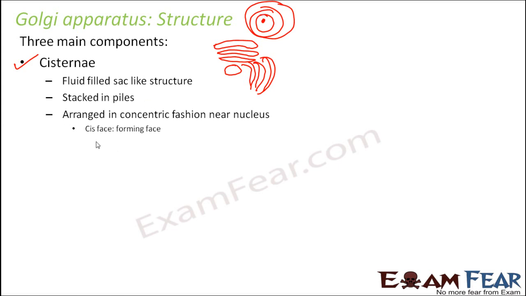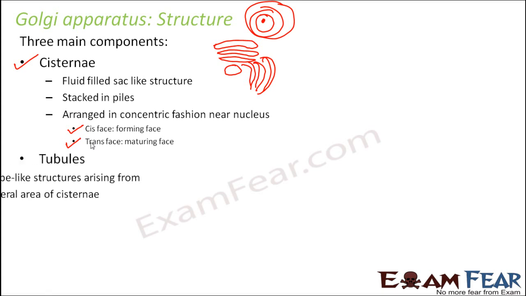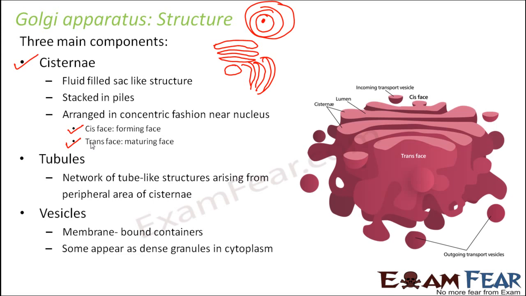Now since it is arranged in such a fashion, there are two faces of the cistern. One is cis phase and the other one is the trans phase. So what is cis phase and what is trans phase? We will quickly see in the picture. So if you look at this picture, this is the trans phase and this is the cis phase. So the cis phase is the forming phase.